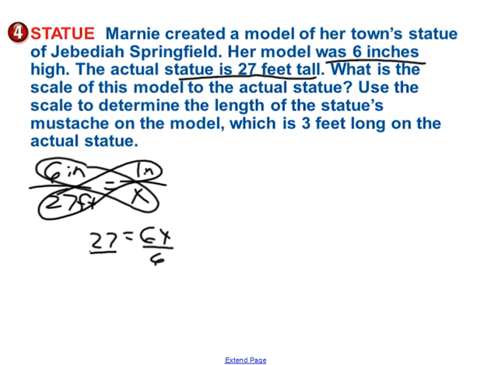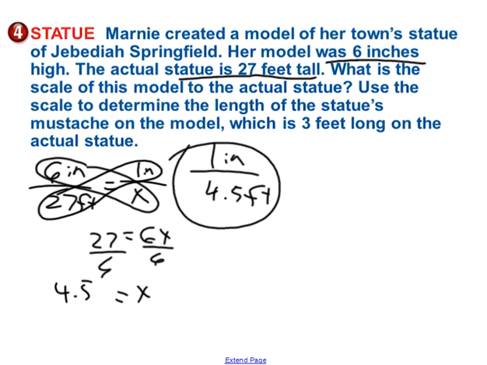Divide both sides by 6. 27 divided by 6 is 4.5, so my ratio would be 1 inch is 4.5 feet.